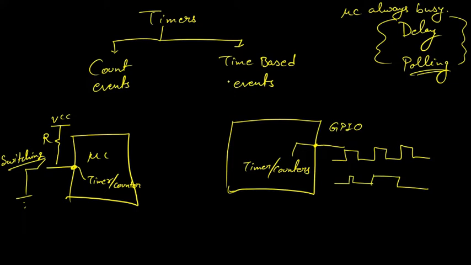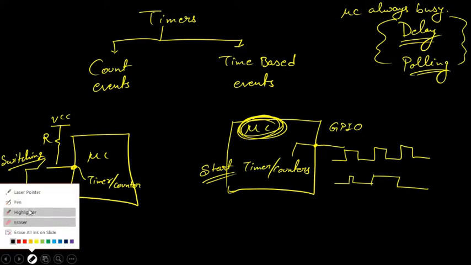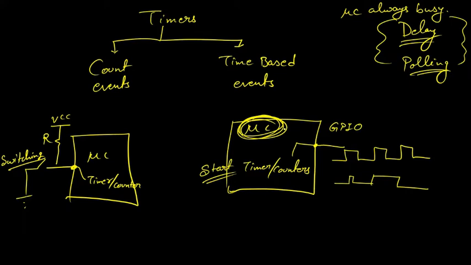So what we can do is have the microcontroller use the timer. The microcontroller will load a number to the timer, almost the same number we were using for the delay, and then say start. After loading the timer and saying start, the microcontroller can forget about the timer, because the timer's job is to keep on decrementing or incrementing the number.